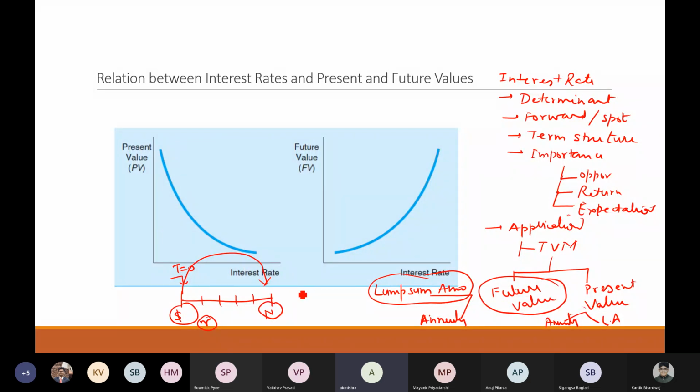Whereas in another type of example, you are expecting to get a certain amount in future. Assuming that we are standing at this point of time, T equal to 0, you want to know what is the value of this amount today at a given rate. This rate is today's rate, because whenever you are valuing any future amount, you are referring to today's interest rate.